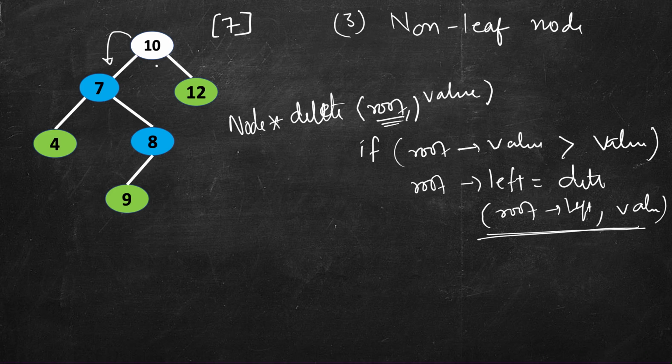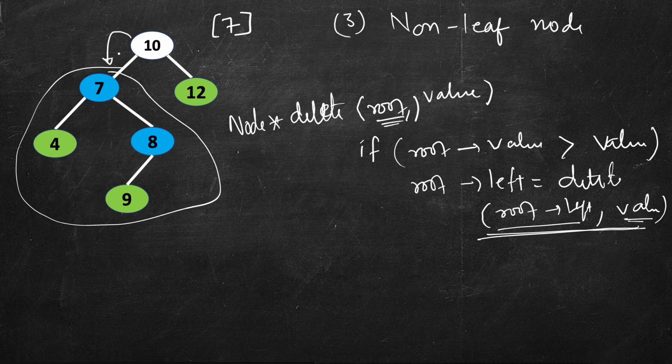So now we know that the subtree is in the left part since its value is less than root. So we call that function again on its left subtree and pass the value. So assuming that this function works correctly, it will return the new, updated root of the tree. So it will delete 7 from this subtree and return the updated root, and that will be the left of 10. And similarly you can write the case where this value is less, then delete the right.